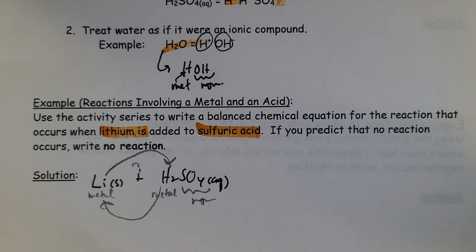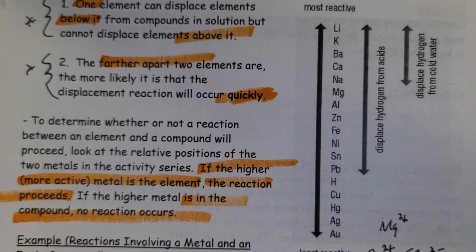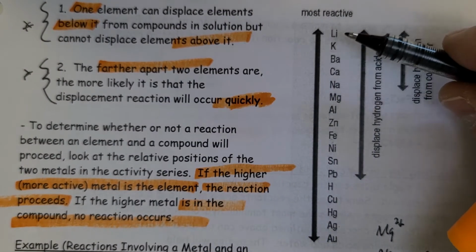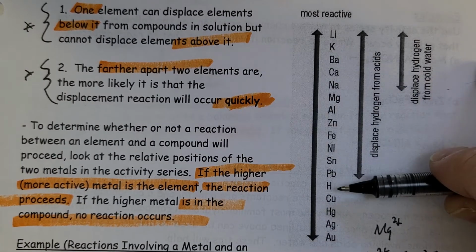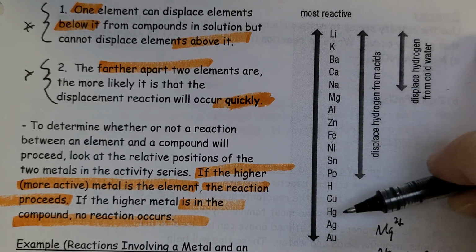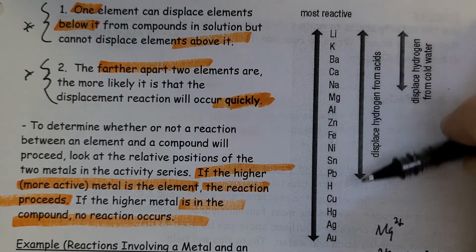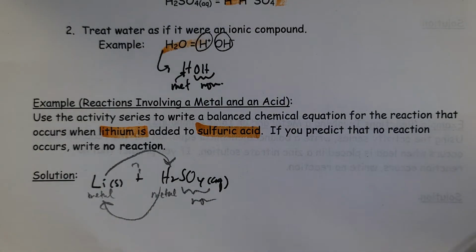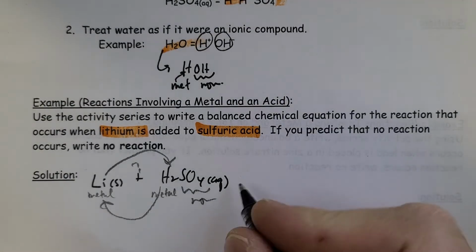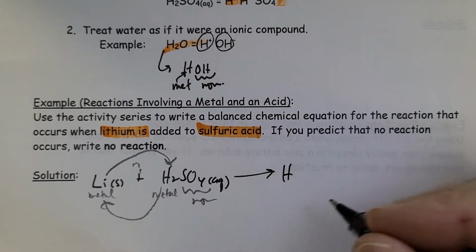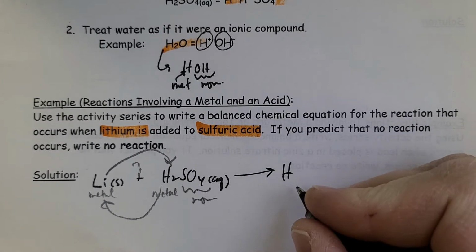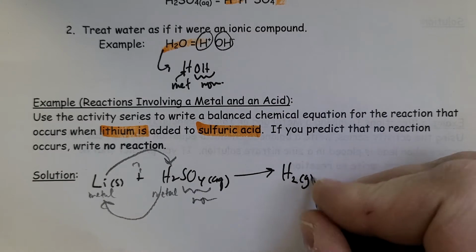Is lithium active enough? Is it a spot or two above hydrogen? So lithium, oh, it's one of the most reactive elements. Hydrogen's way down here. So we can expect that to be a really quick, very fast and violent reaction because of that difference. So yes, we'll have hydrogen off by itself, and of course hydrogen is a diatomic gas.